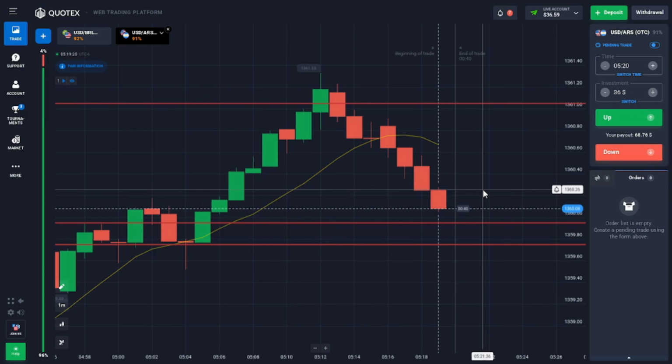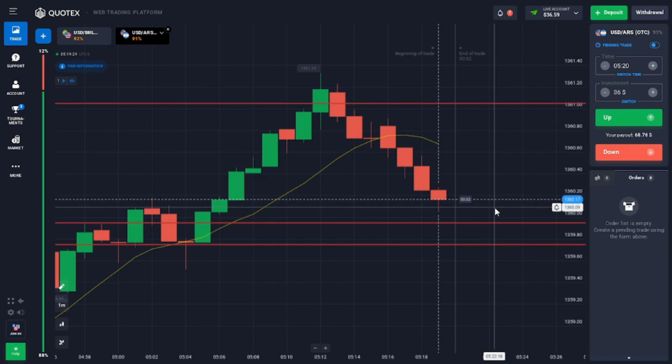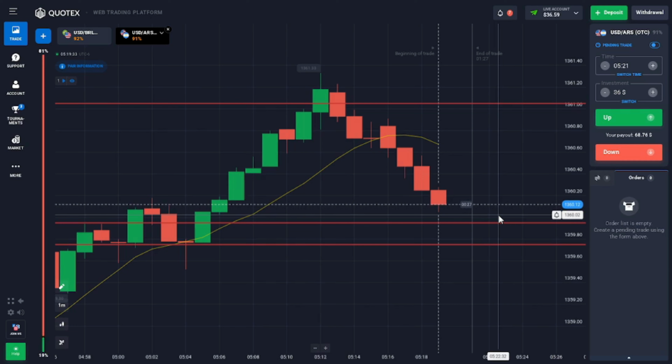We will wait a little for the next trade, and you also have to look at the market levels to see where the market can reverse, and where the buyers are sitting in a strong position.